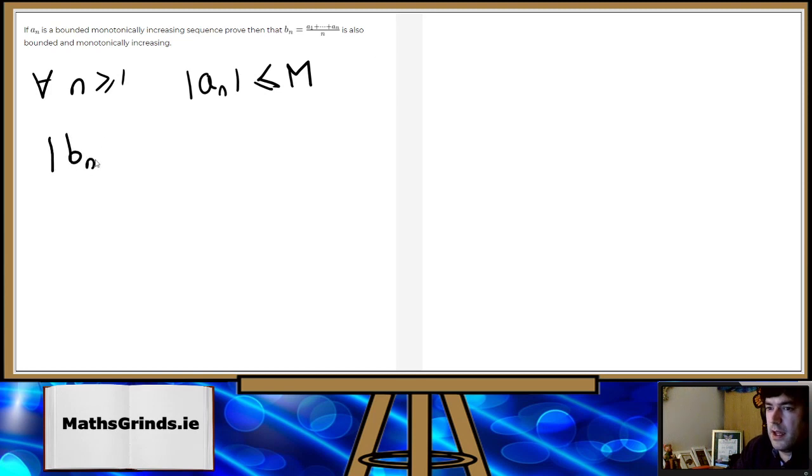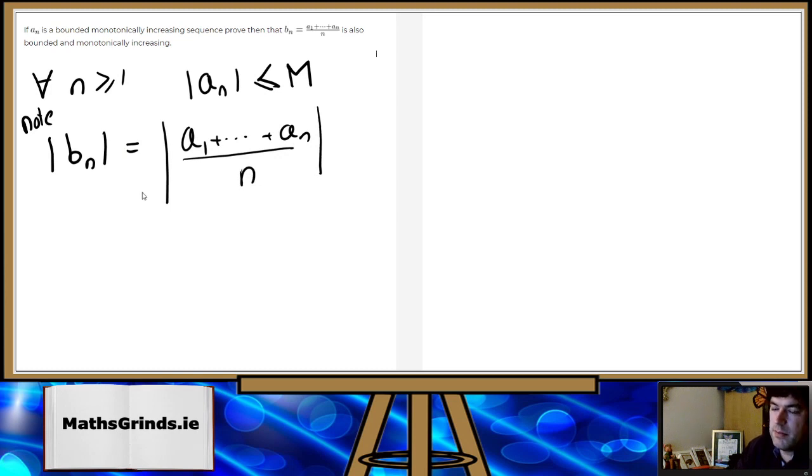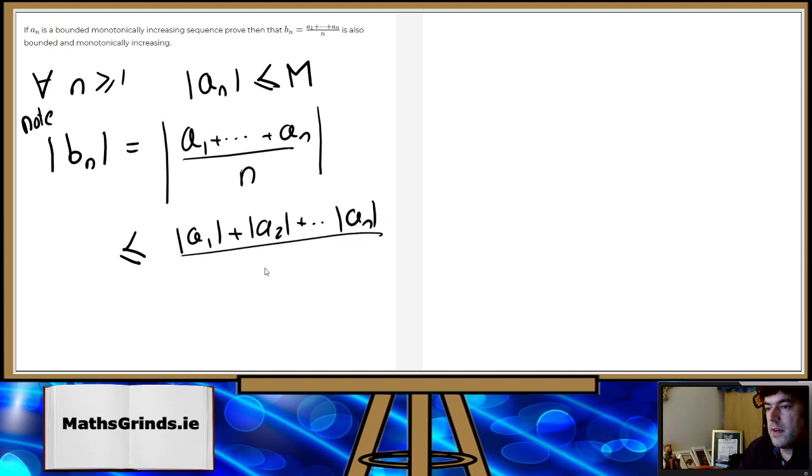what bn absolute size is, note that that will equal the absolute of a1 all the way up to an over n. N is positive, so it can be brought outside. And because it's an absolute, we can split it: a1 plus a2 all the way up to an all over n.